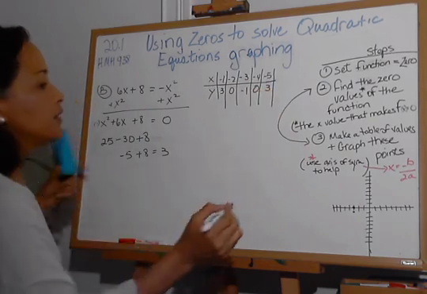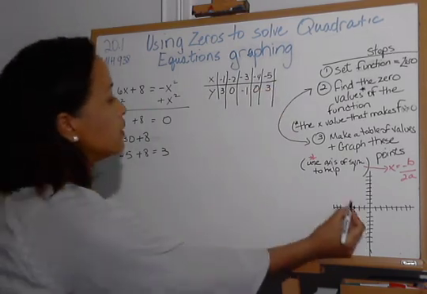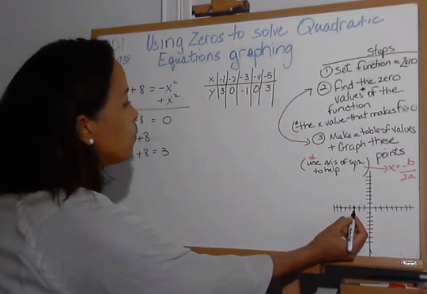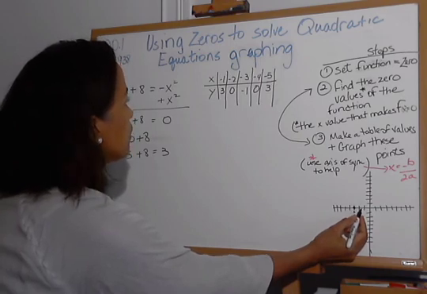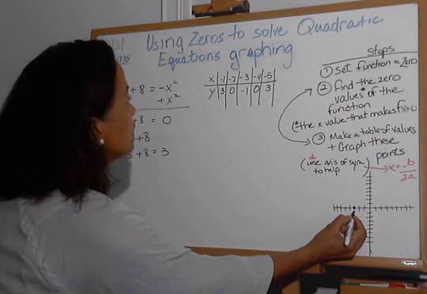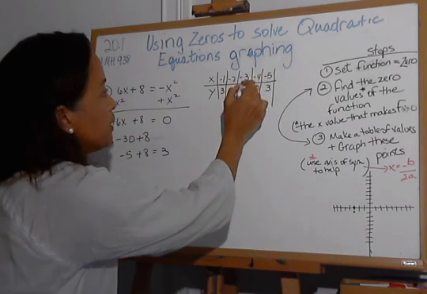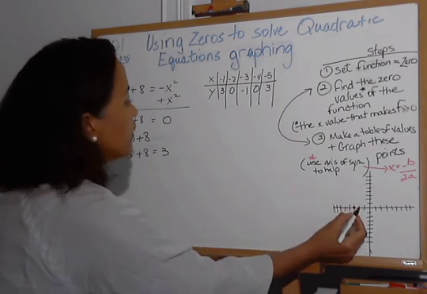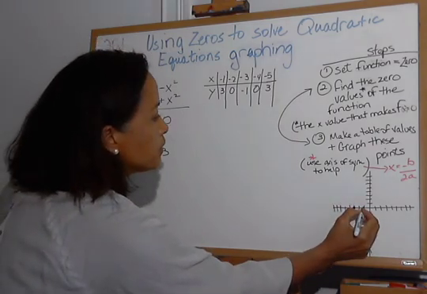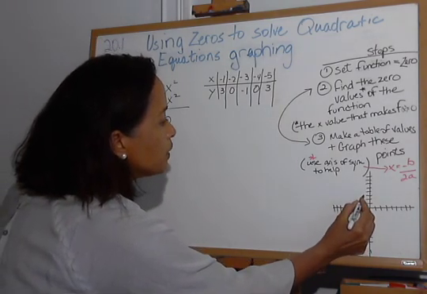So now let's plot these. Sorry, the first one we had already was the middle, negative 3, negative 1. So now we're going to plot negative 1, 3. Here's negative 1, 3.